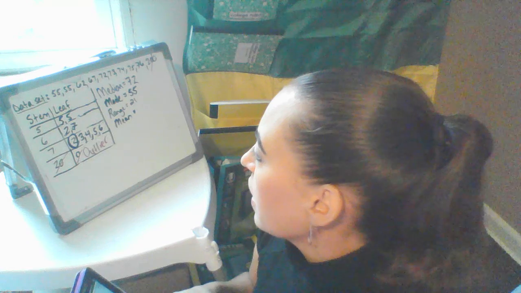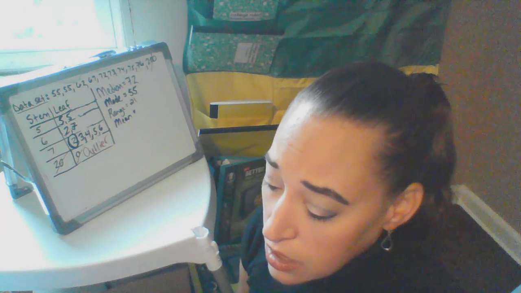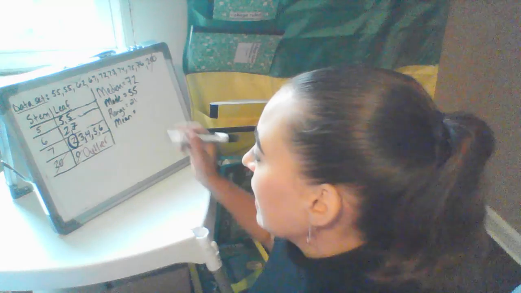Oh, and that's it. And then we divide it by 1, 2, 3, 4, 5, 6, 7, 8, 9. Divided by 9 gives me 67.6. If I said round it to your nearest whole number, we're going to have 68.